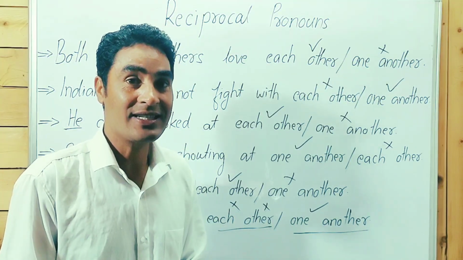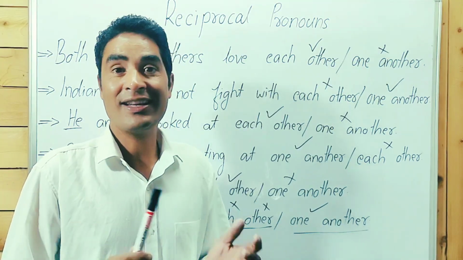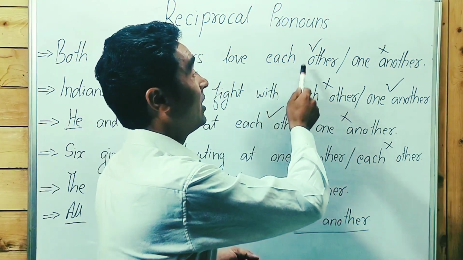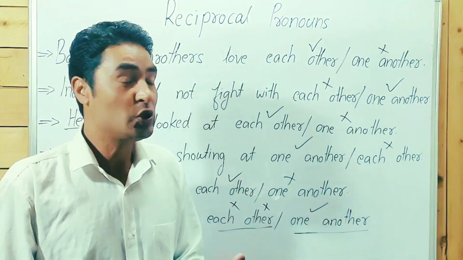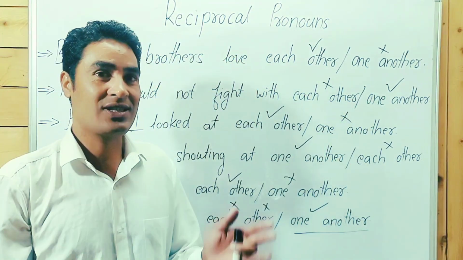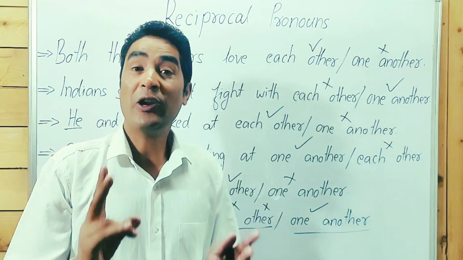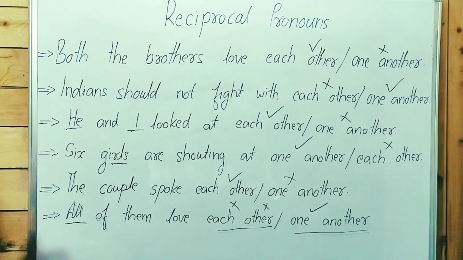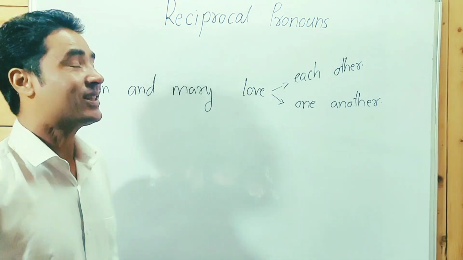In formal English, each other is used for 2 people or things, and one another is used for more than 2. Let me write. If you want to take a screenshot, you can. Have a look at the board.